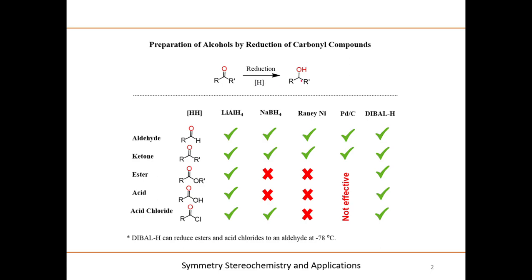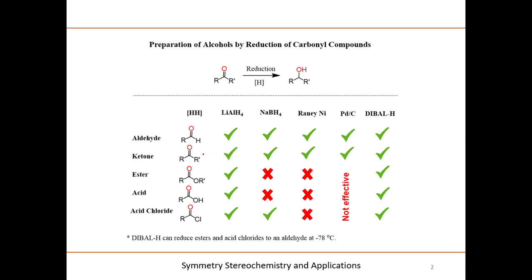We will see it in brief in this table. When we have an aldehyde starting material and it is treated with lithium aluminum hydride, it will reduce to alcohol. In the presence of sodium borohydride also it will give alcohol, and Raney nickel, palladium charcoal, DIBAL-H, all the reagents will give the alcohol as a product.